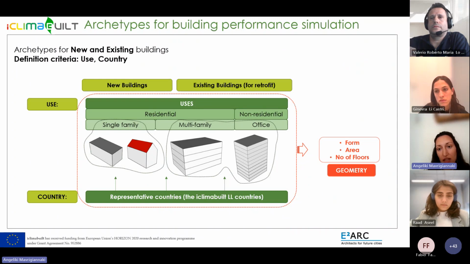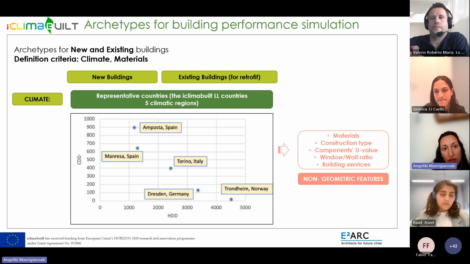And this gives us the first abstract geometric representation of our archetypes, which would be similar across all countries for the same use. Then we need to consider that each of these buildings and each of these countries represent different climates with different heating and cooling needs.